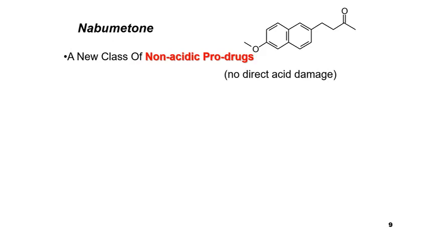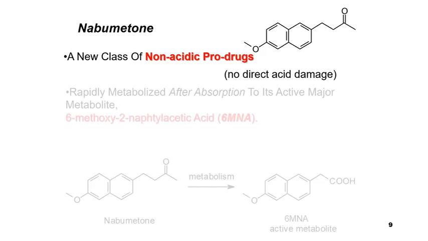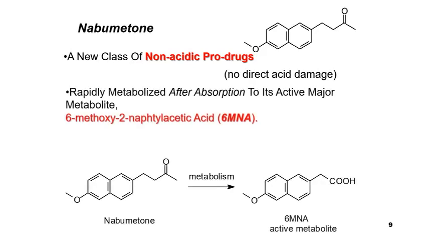It is a prodrug, as it does not fit the COX receptor as such. It needs to be activated through a metabolic pathway to produce the 6-MNA metabolite. This 6-MNA is an abbreviation for 6-methoxy-2-naphthyl acetic acid. So this butanone function will be converted biologically after the metabolic pathway to the acetic acid derivative.